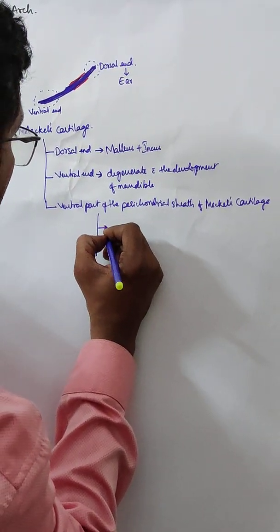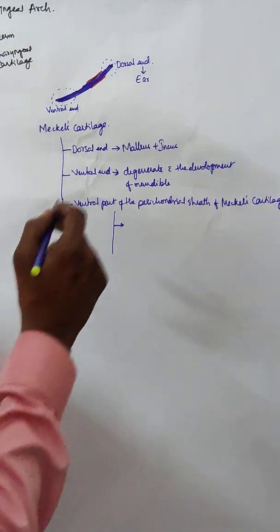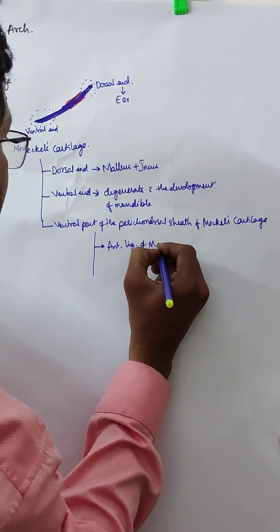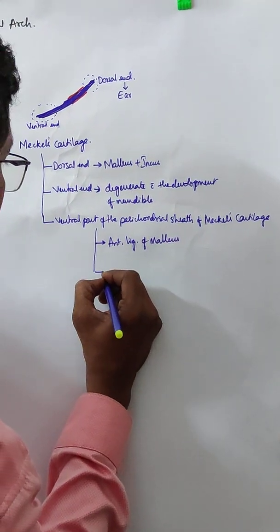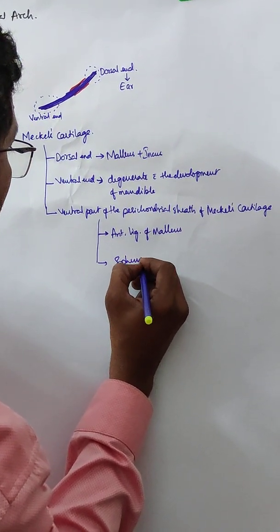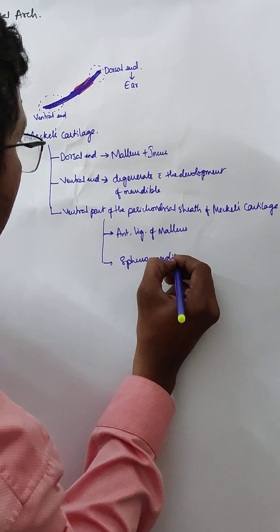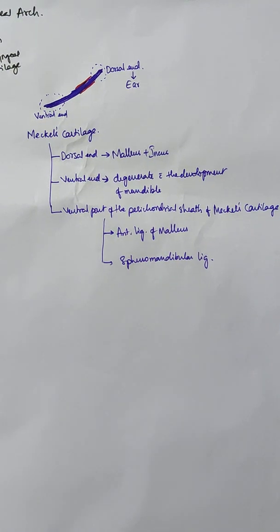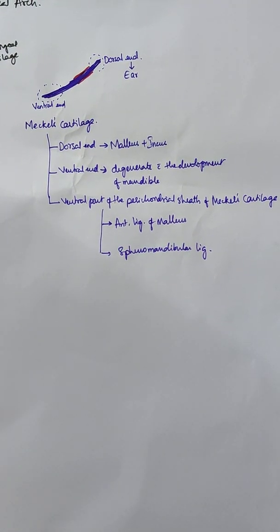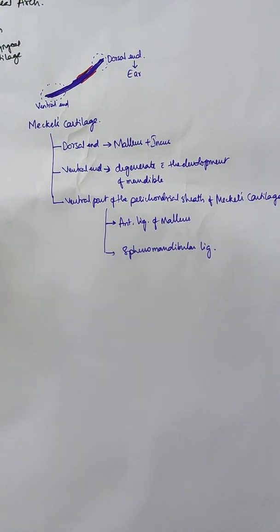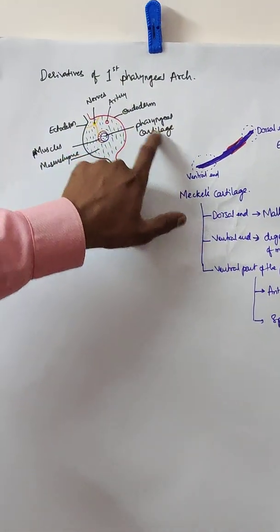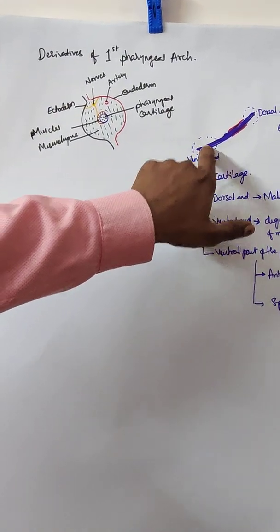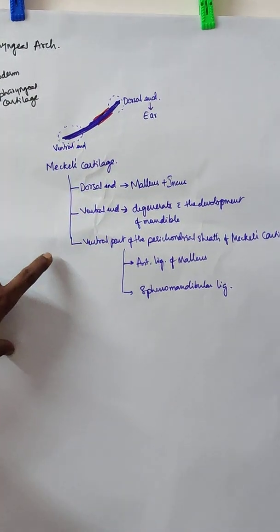One important ligament is the anterior ligament of malleus, and the second one is the sphenomandibular ligament. These are the two ligaments which are formed from the ventral part of the perichondrial sheath. Now I just told you about the cartilage which is derived from this first pharyngeal arch, called Meckel's cartilage. It has a ventral end, dorsal end, all these things have been told, right?